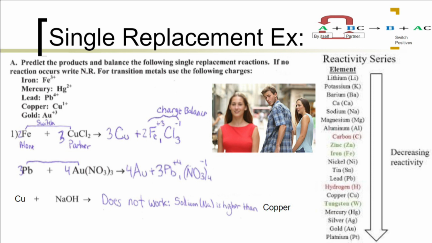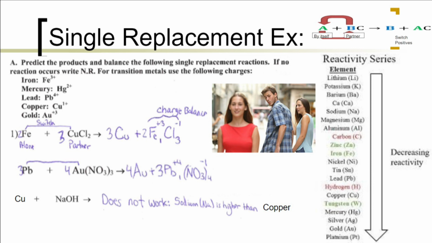The third example is a good example because it's an example that doesn't work. I messed this up. It's supposed to be copper, but let's say that I have copper trying to steal from the sodium. If you look on the reactivity series, you'll notice that the copper is below the sodium.